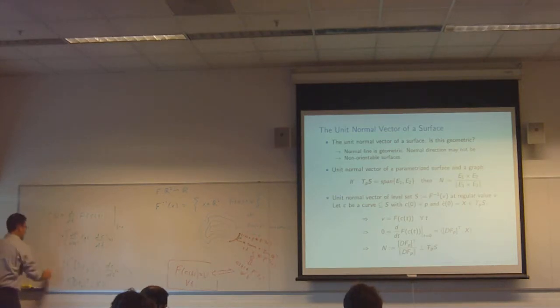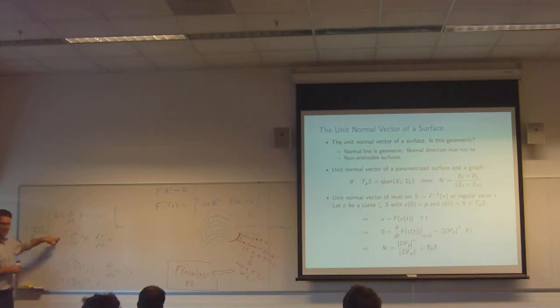And of course, this now holds true for all curves, which means for all possible choices of tangent vector in the tangent space of the level set at v. It holds true for all curves in the level set. So therefore it holds true for all those tangent vectors of curves which are tangent to the level set. Okay, so this is our derivation.